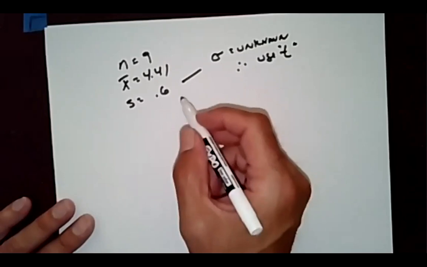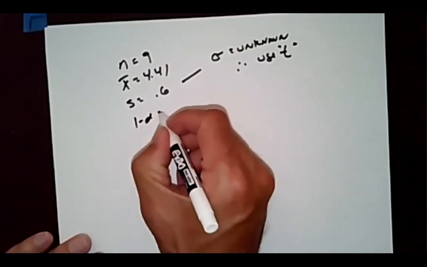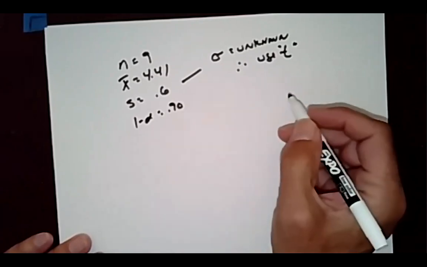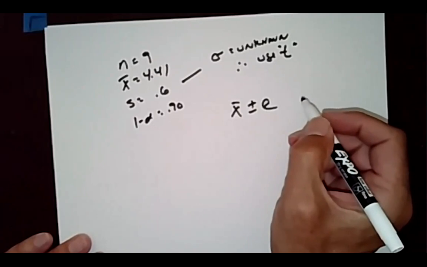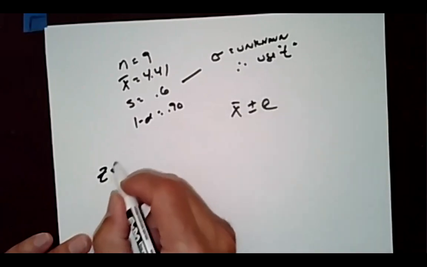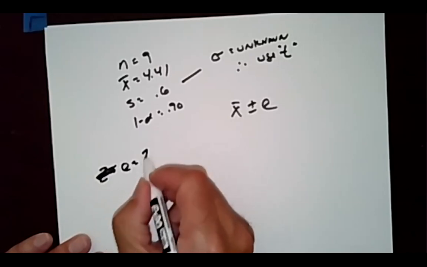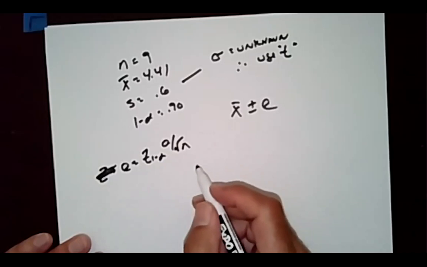So now we want a 90% confidence interval. 1 minus alpha is 90%. So it's still going to be x bar plus or minus e. Now e was z 1 minus alpha sigma over radical n.